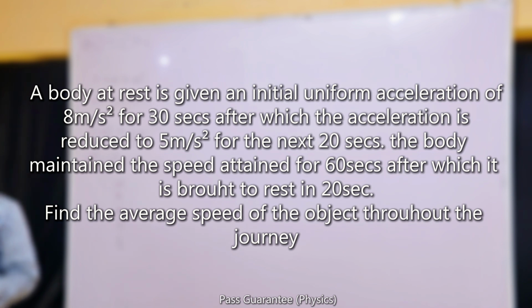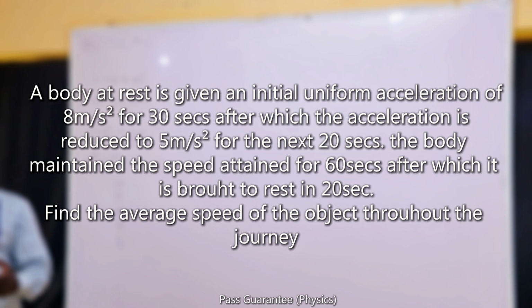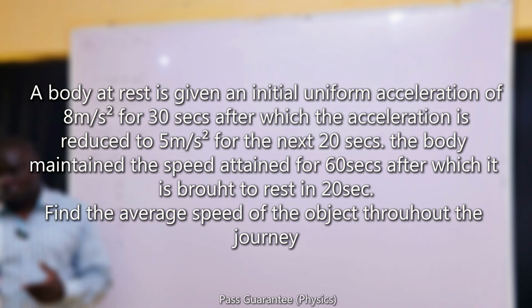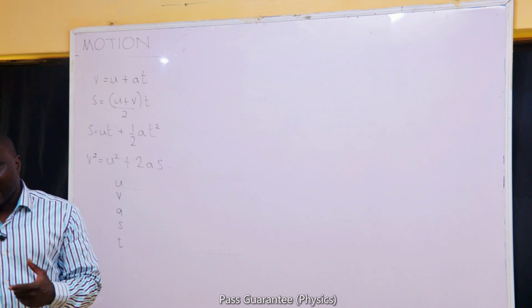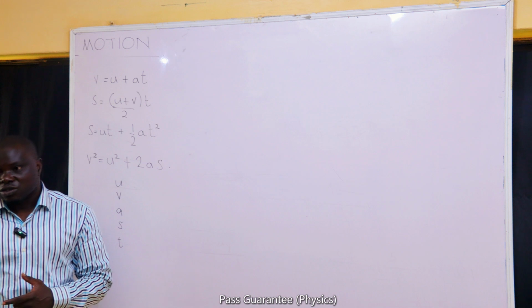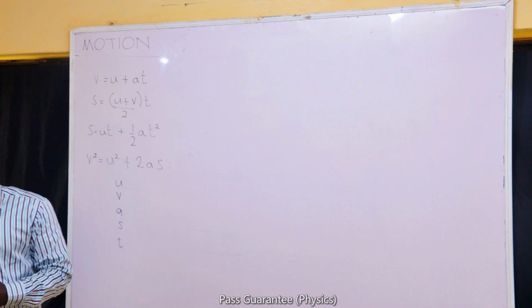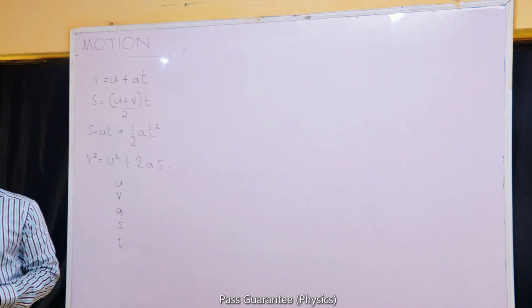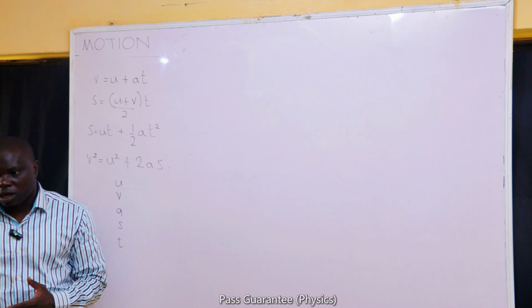The body maintains the speed attained for 60 seconds, after which it is brought to rest in 20 seconds. We are asked to find the average speed of the object throughout the journey. What is the average speed of the object throughout the journey?